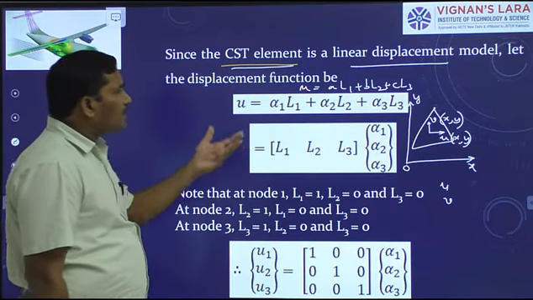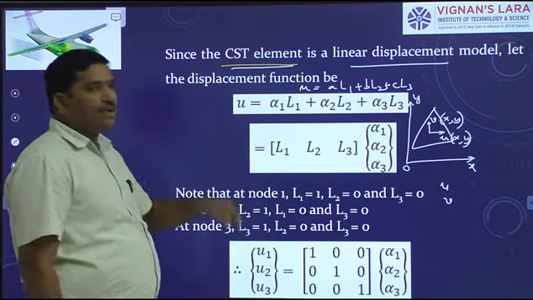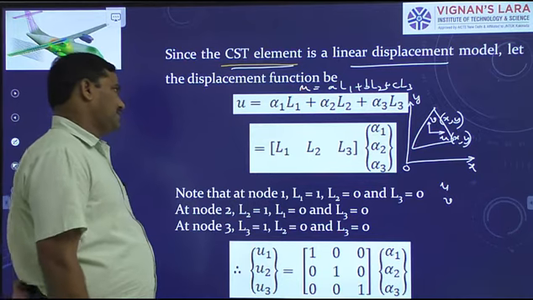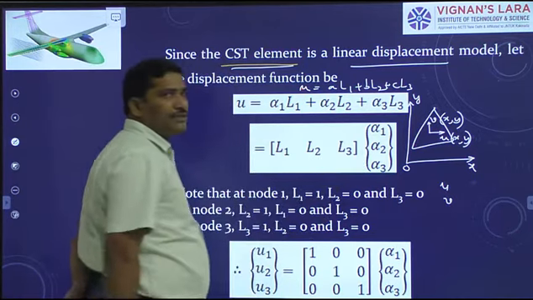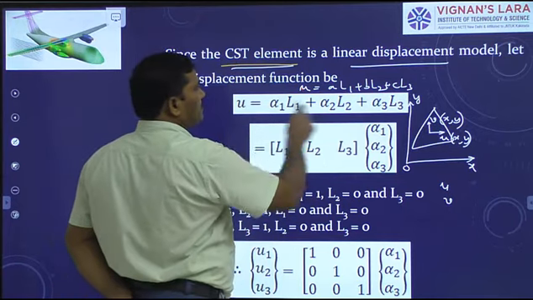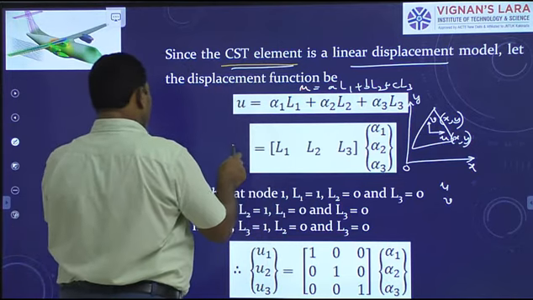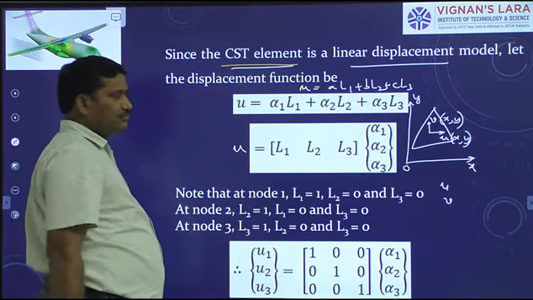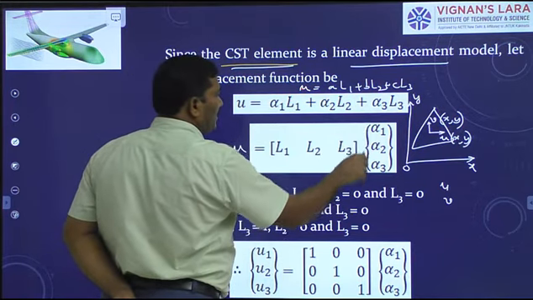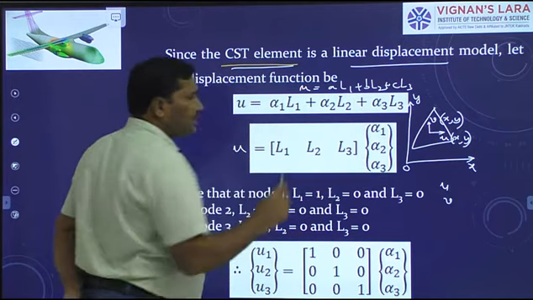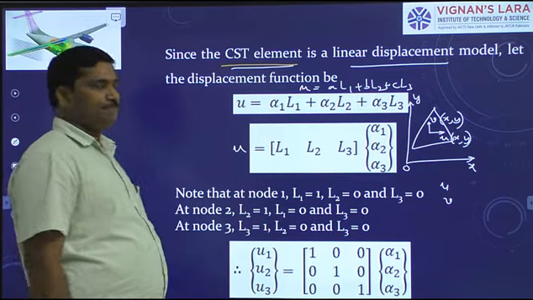Where alpha 1, alpha 2 and alpha 3 are the generalized coordinates. What are L1, L2 and L3? They are the natural coordinates. Now my interest is to determine alpha 1, alpha 2 and alpha 3. Therefore, this expression I write in matrix form. The unknown displacement field u equals a row matrix with L1, L2 and L3 times a column matrix with alpha 1, alpha 2 and alpha 3.